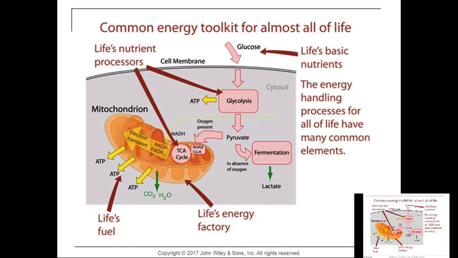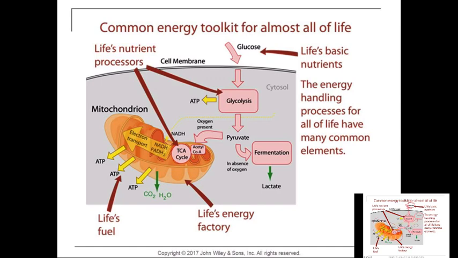Okay, so when we look at this a little bit closer, then we can see that the initial step of taking glucose, that 6-carbon sugar, and breaking it down, that's called glycolysis, and it takes place in the cytosol. Okay, right here, there's the mitochondria, and what takes place in the mitochondria is, after glucose is broken down by glycolysis, and you're getting from this 6-carbon sugar, now we get these two 3-carbon sugars.